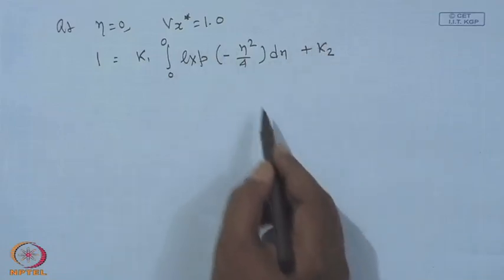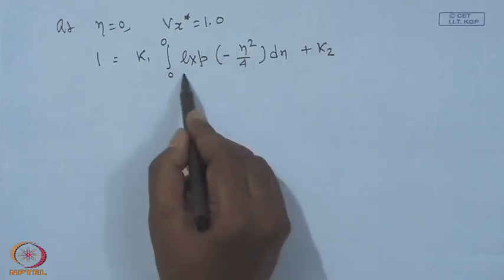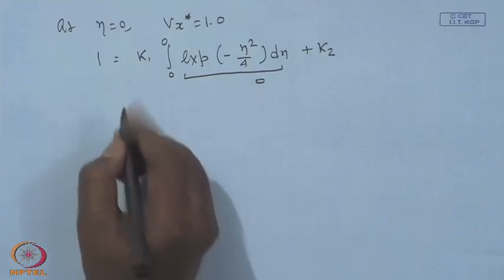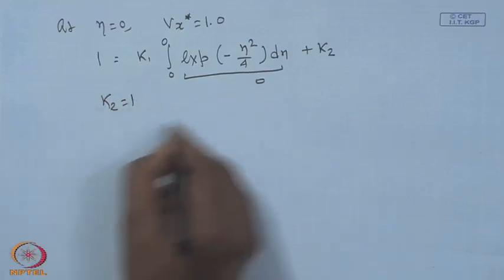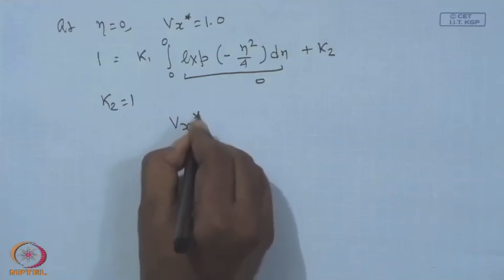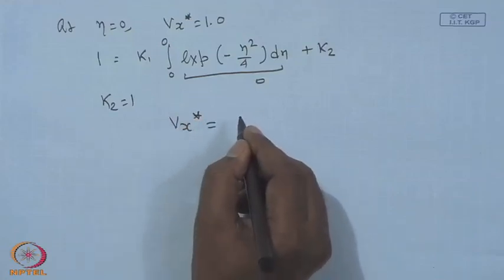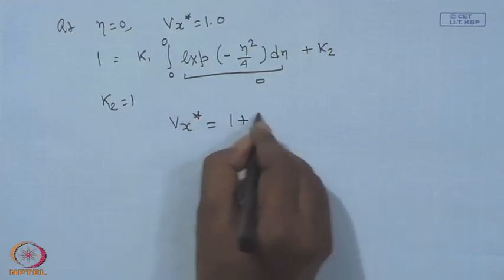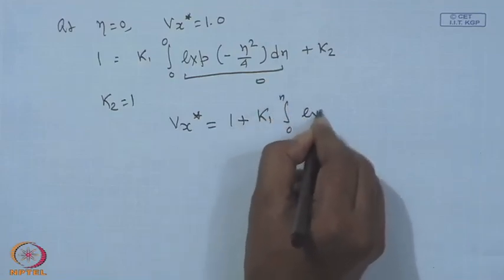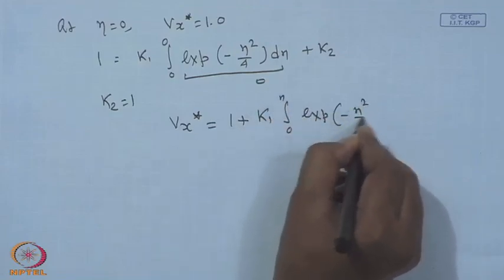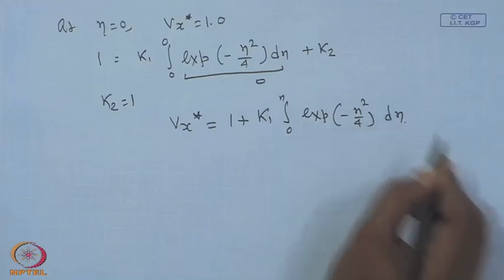When you evaluate this integral with the same limits, the whole integral becomes 0. So, you will be getting k 2 is equal to 1. Once you get k 2 is equal to 1, let us look at the form of the profile. This becomes 1 plus k 1 integral 0 to eta exponential minus eta square by 4 d eta.